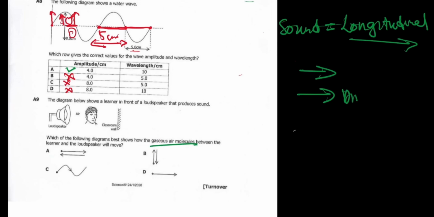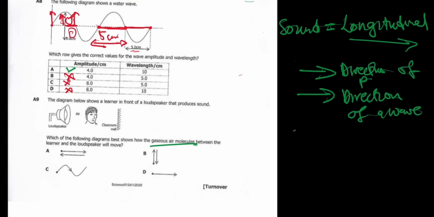So, direction of a wave and this is direction of particles. So the direction of particles is going to be parallel to the direction of travel of a wave. So in this case, the loudspeaker is producing sound.